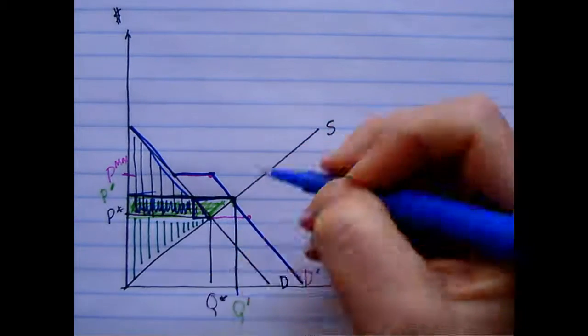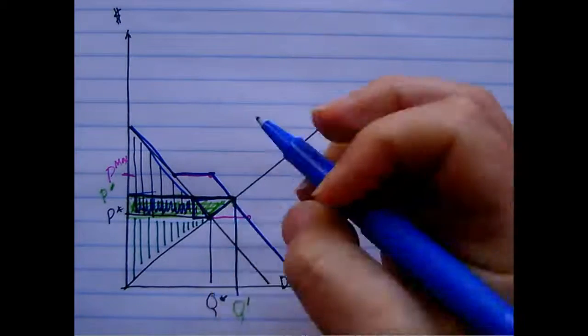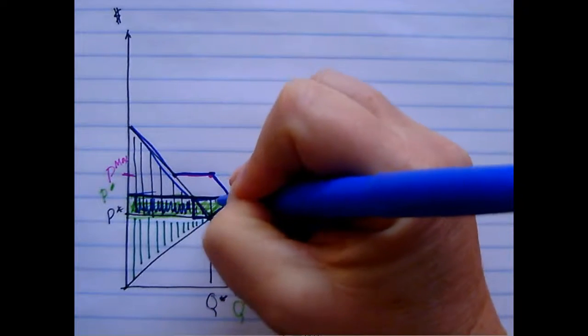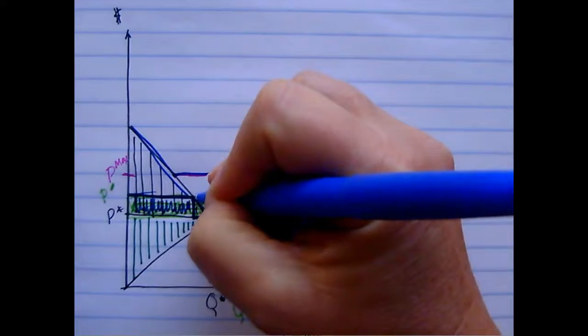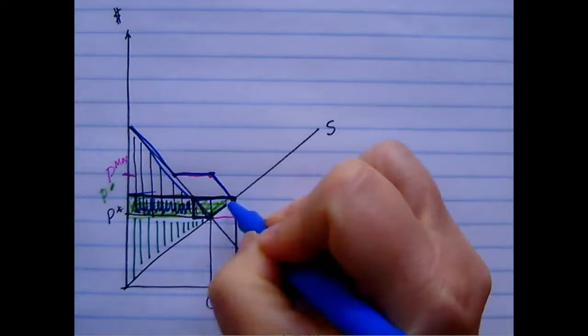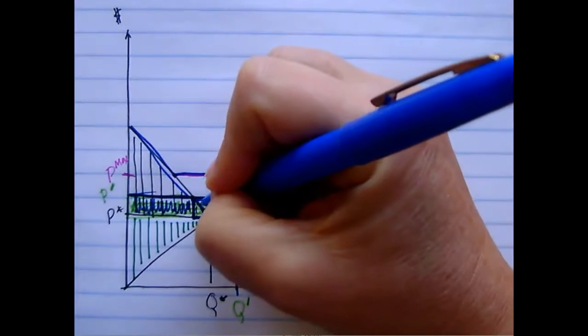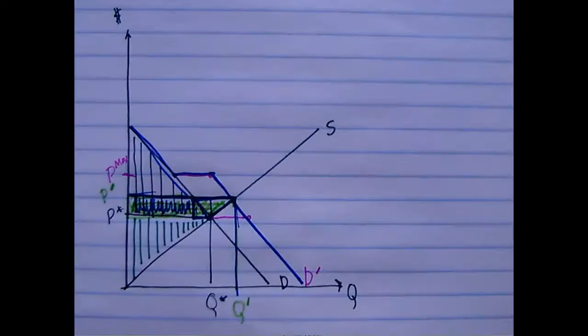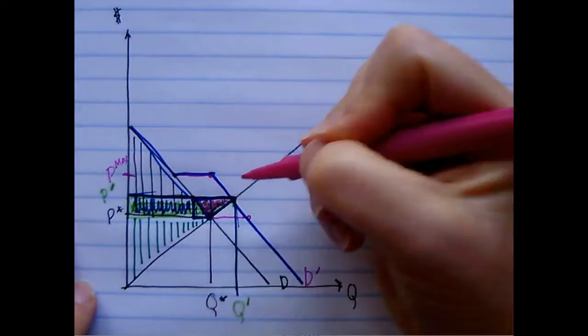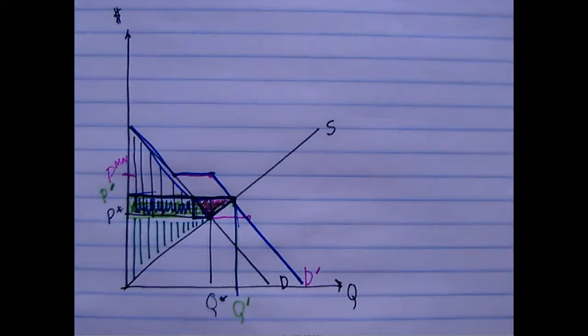And so they're adding this part of producer surplus as well as this part, because they're buying all of these units. And so the additional producer surplus is here. And so what we have is this net gain. It's hard to show. This net gain of this triangle here is new producer surplus that's not coming from consumers, that's coming from the government.